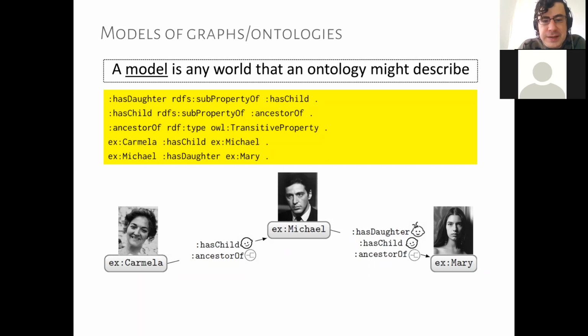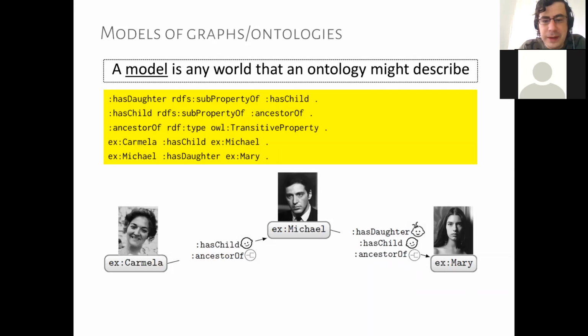So then the question is, is this thing here a model of what this ontology graph might describe? Does it fit the graph? Is it a possible thing that these definitions might be describing? And the answer is no.